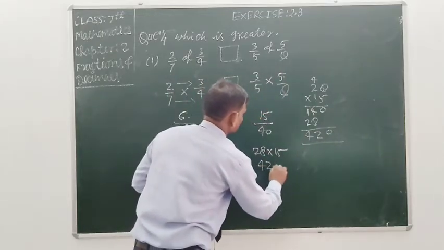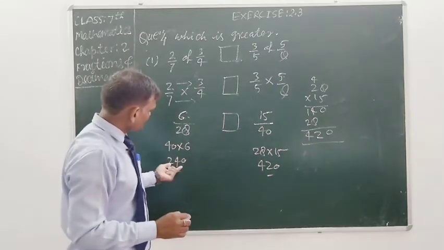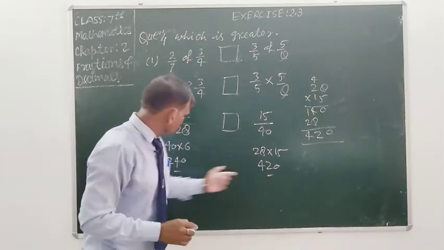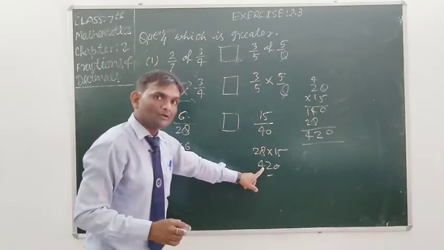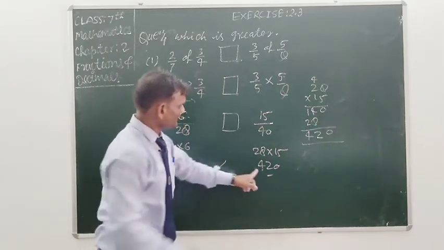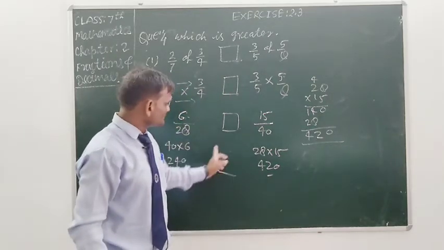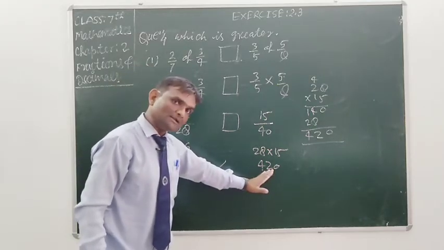We get 420. Now student, you will compare 240 and 420. Which is greater, 240 or 420? You will say that 420 is greater. So the mouth of the sign will be on the side of 420.